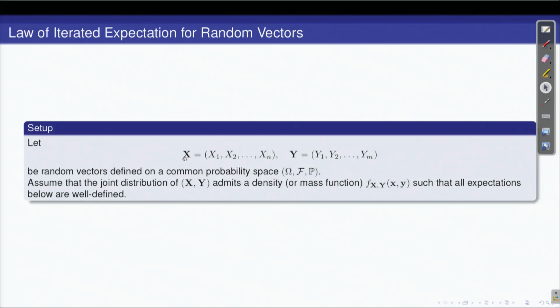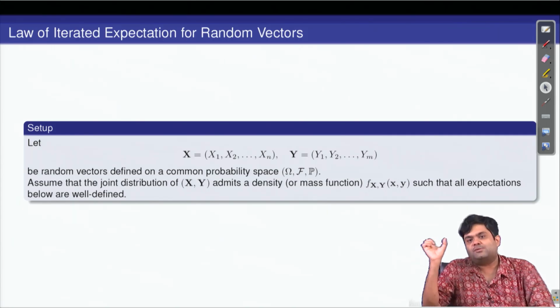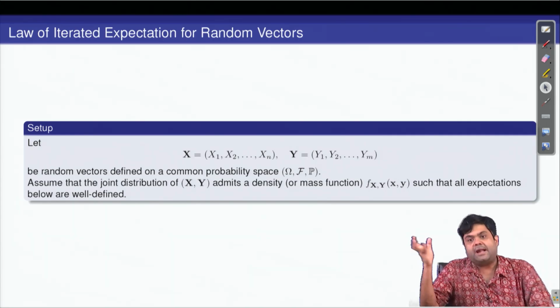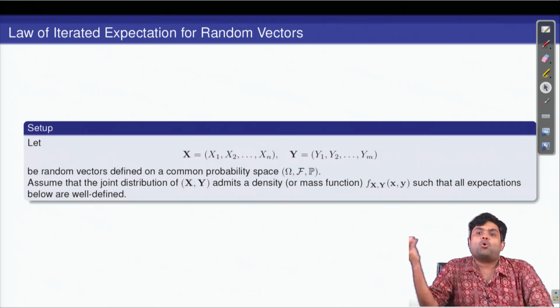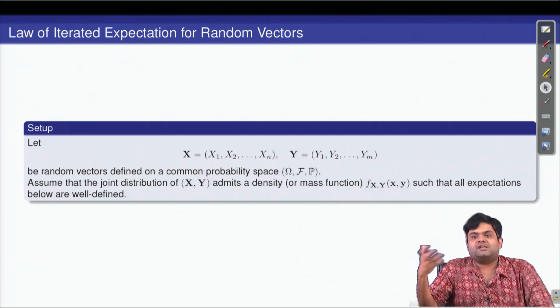So just to recall the setup: you have two random vectors which are jointly distributed, either having a probability mass function where you can compute the probabilities of specific values, and the probability of a set is the sum of the probabilities of these values, or a density function such that the probability of a particular set is the integral of that density function over that set.